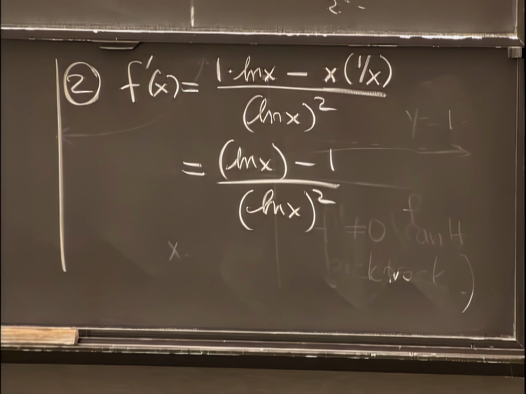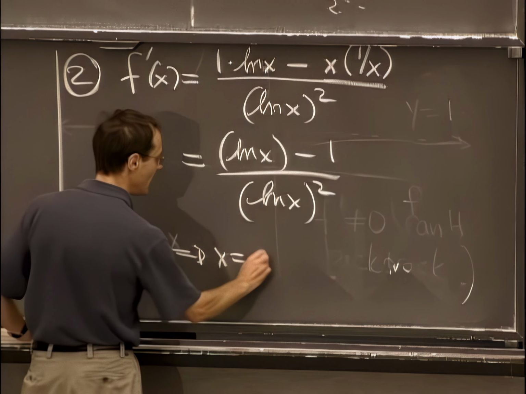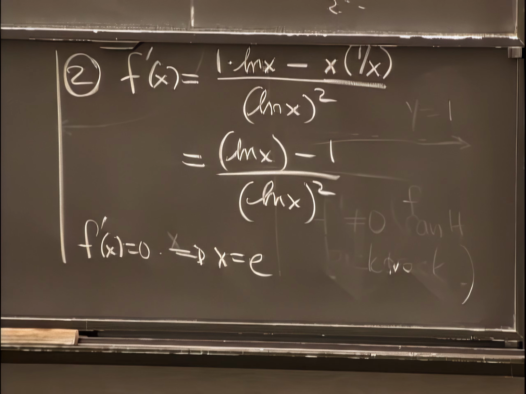So here's our derivative. Now, if I set this equal to 0, at least the numerator is 0 when x is equal to e. The log of e is 1.